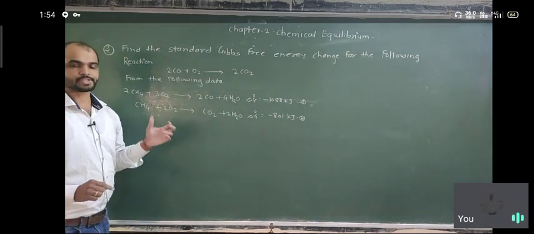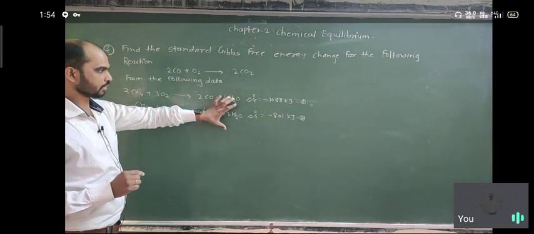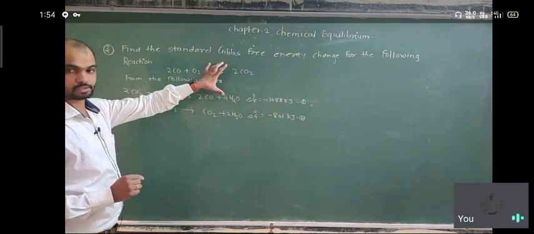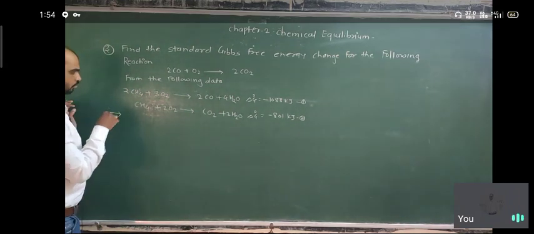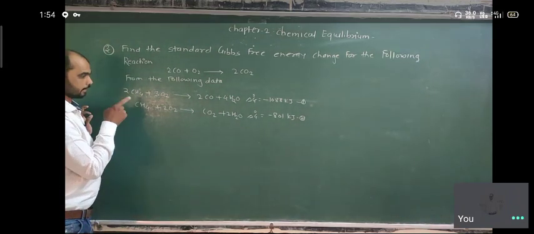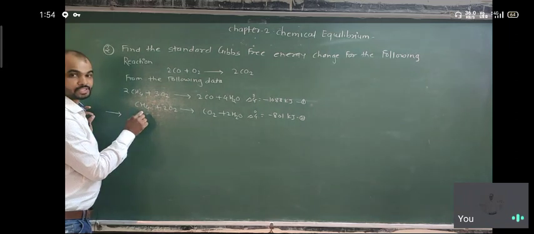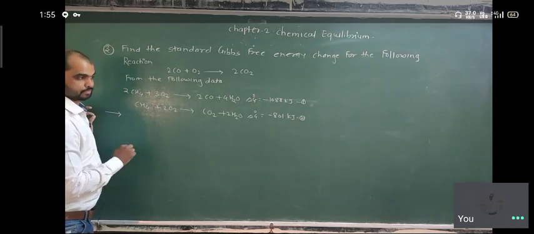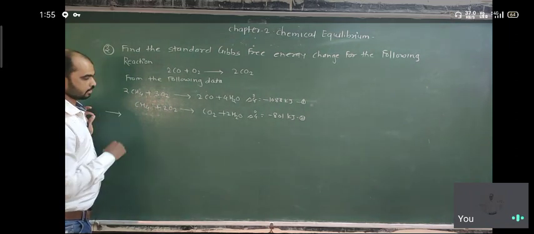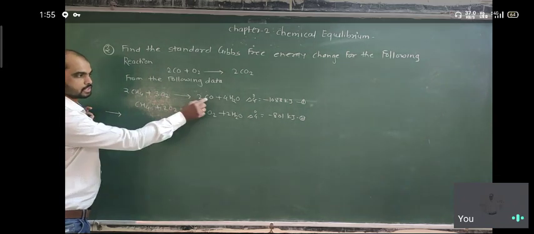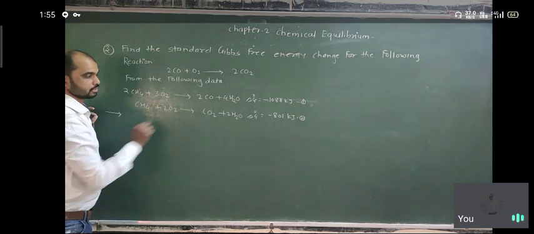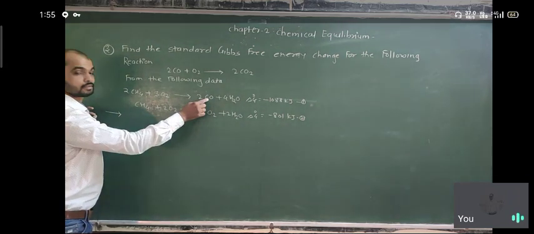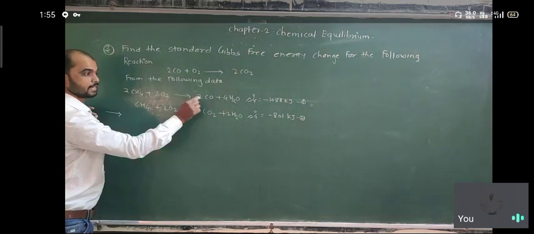So how do we solve this? First of all we convert these reactions to balance this. Here the technique used is that the second equation is multiplied by twice. And the first equation has CO on the product side, but in the reaction CO is on the reactant side.